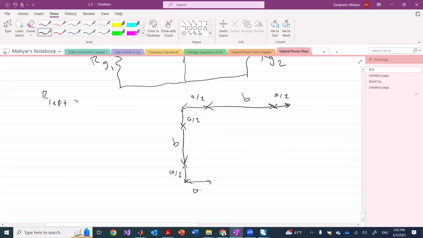And another A over 2, another B, another A over 2. So it's as if you have 3 times A plus B.